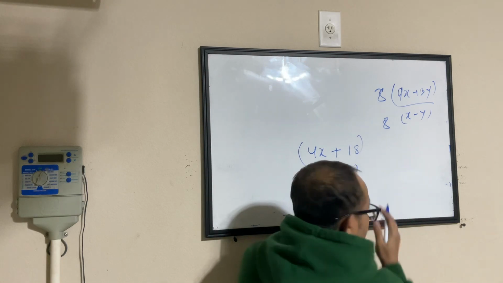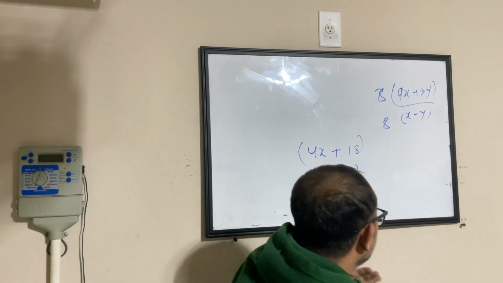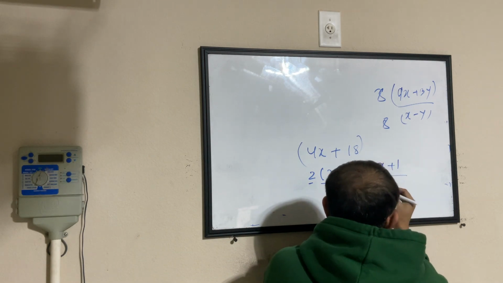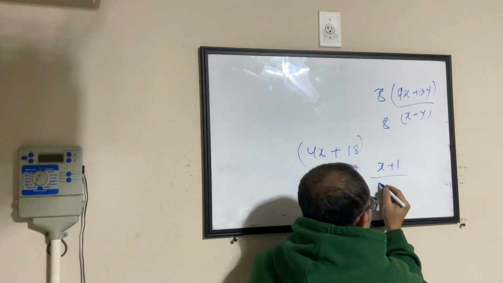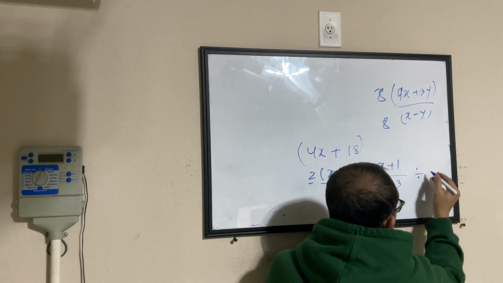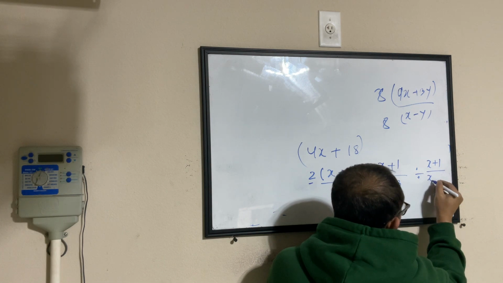Like we deal with rational expression multiplications, we can deal with rational expression division also the same way we deal with rational numbers. Let's say (9x + 3) divided by (x + 1) / (x + 3).